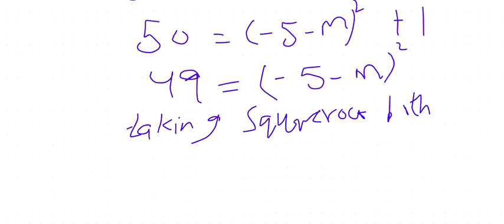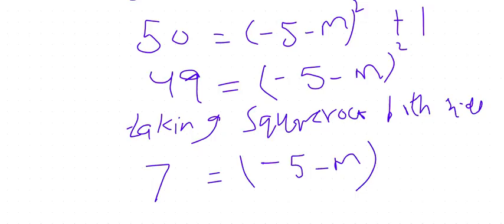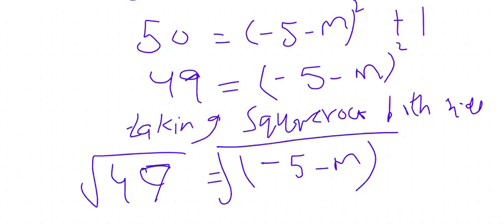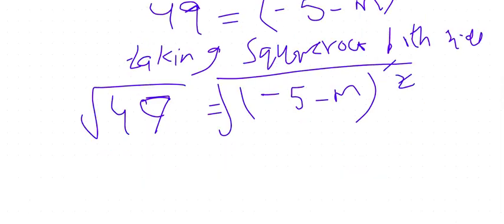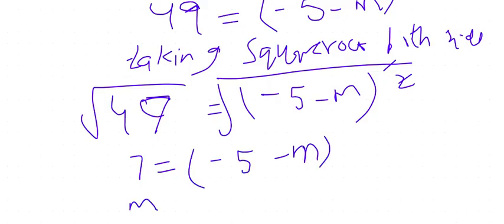It becomes 7 equals minus 5 minus M. So I'm getting the value of M from there: I take this M to this side and this 7 to this side.